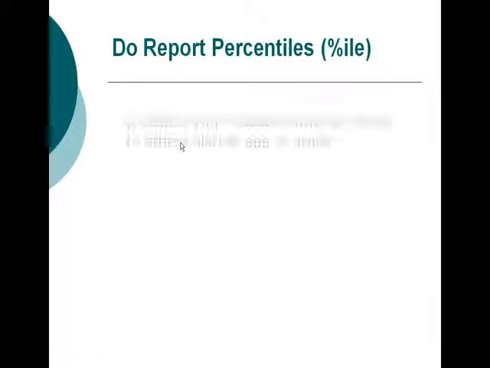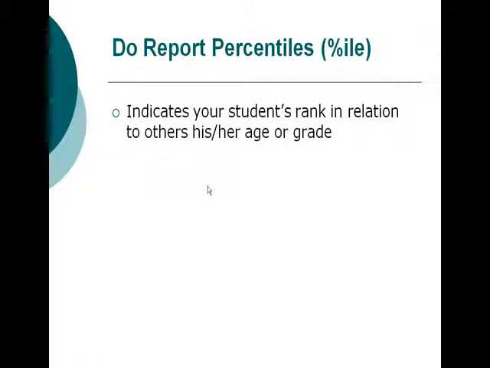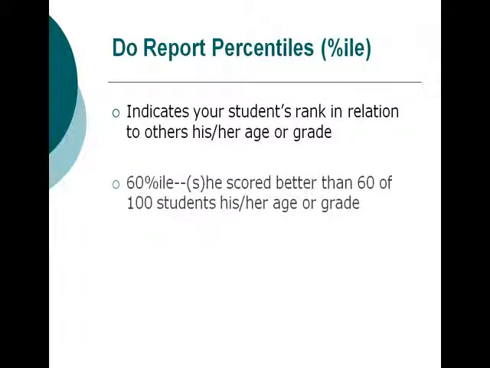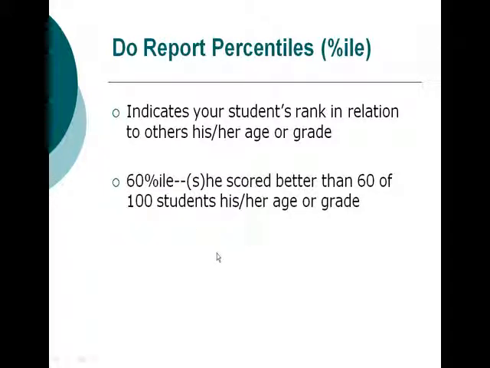Do report percentiles, because the percentile indicates where your student ranks in relation to others of their age or grade, whatever the norms are based on. So, for example, the 60th percentile means that she scored better than 60 out of 100 students her age or grade. Pretty easy, don't you think, for both you as a teacher to understand and for parents?